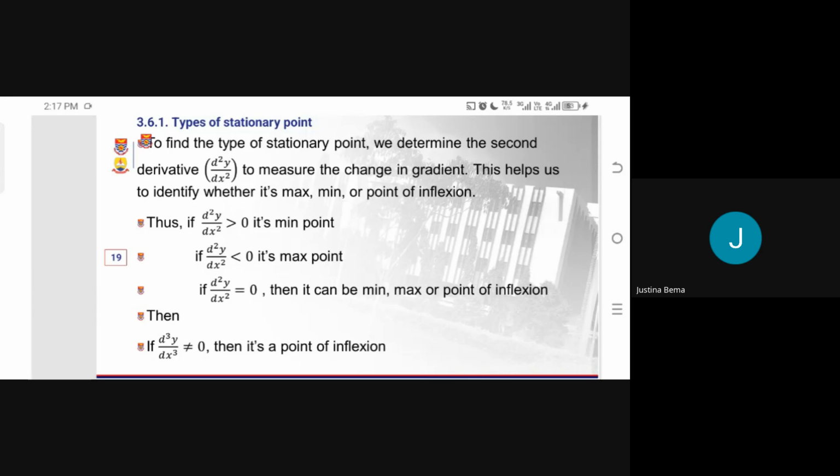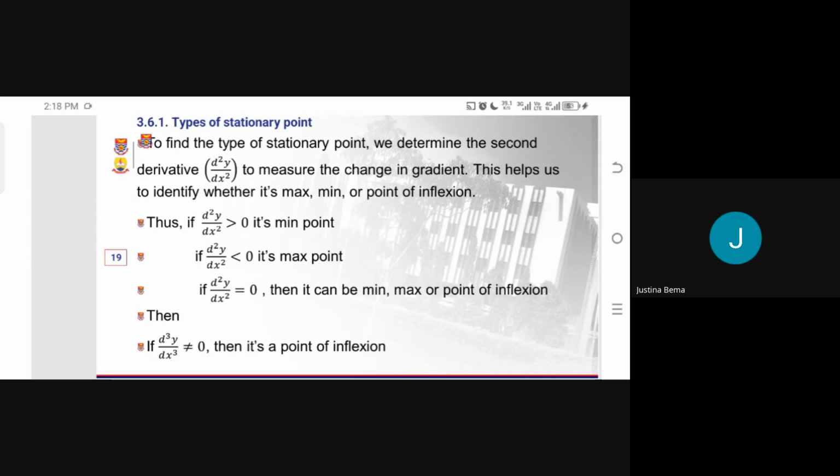When you find the second derivative and the value is greater than 0, it implies that it is a minimum stationary point. If you find the second derivative of the function and it gives you a value less than 0, then it is a maximum stationary point.